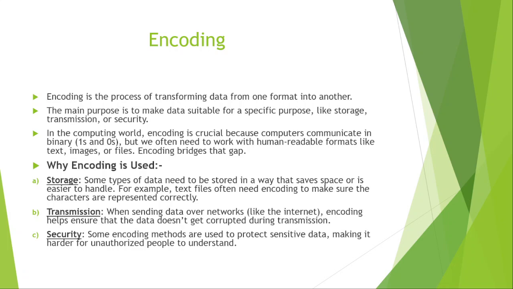I want to send a picture to some other place, so I just convert the picture. We will basically be converting it into binary data. So with the help of encoding, we can do transformation from one format to another format.